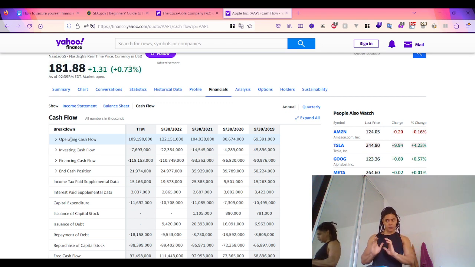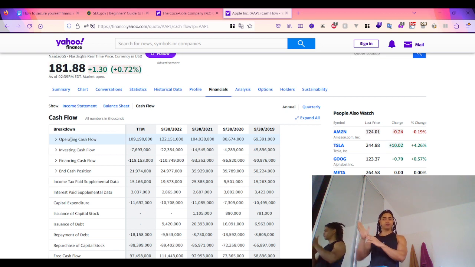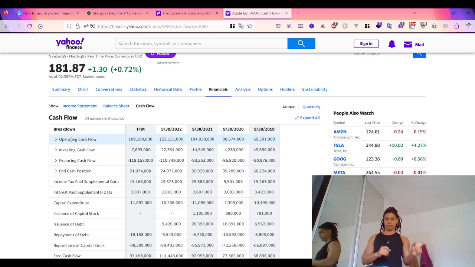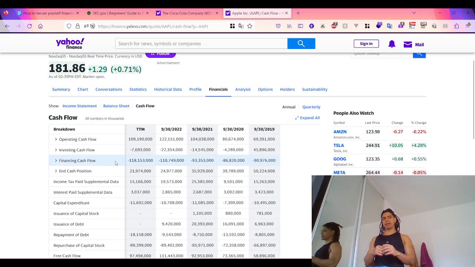Income taxes, which is money that a company owes to governments, okay, whether it's corporate. So this is money that a company owes to the government, okay, based on how much money they made and the tax rate.